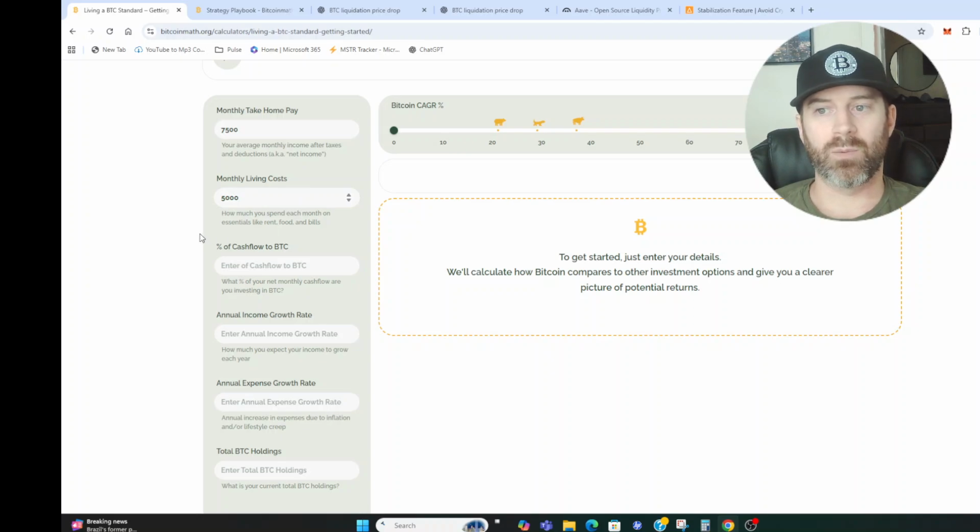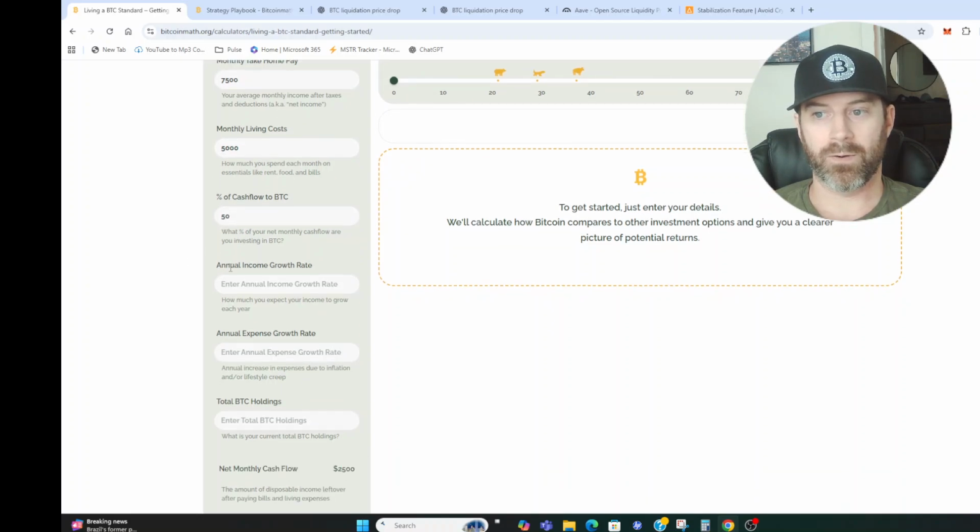And so that we can compare the all-in model, right, converting all your income into Bitcoin, we're going to compare that to a more standard DCA model where you convert some portion of your cash flow after expenses into Bitcoin. For this example, I'm going to say that I convert 50% of my remaining cash flow into Bitcoin. Okay?